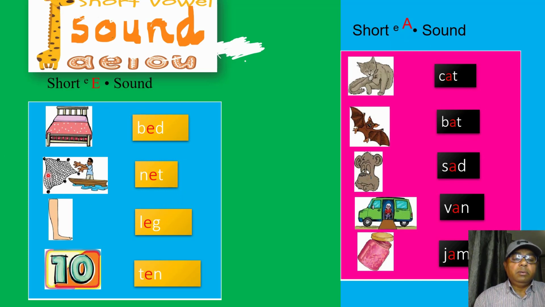Short E sound, for example, bad, net, leg, ten, and likewise the short A sound. It is absolutely important that we differentiate and distinguish between short vowel sounds and long vowel sounds, and that will help us enormously and significantly to improve our pronunciation.